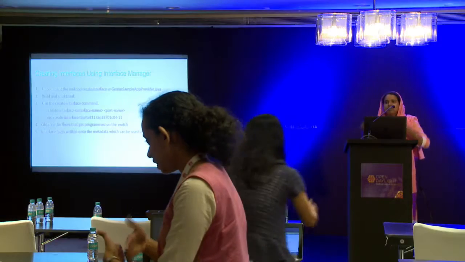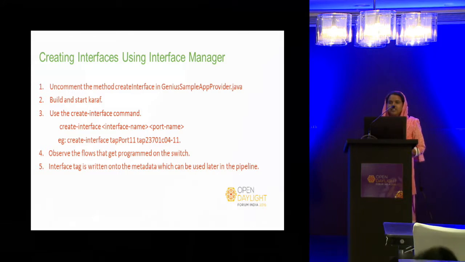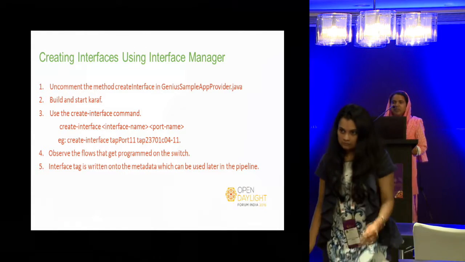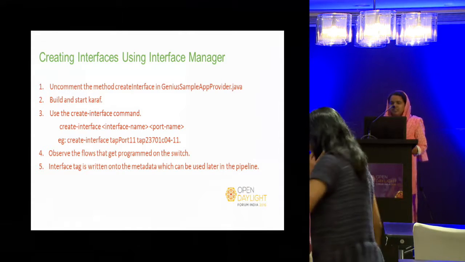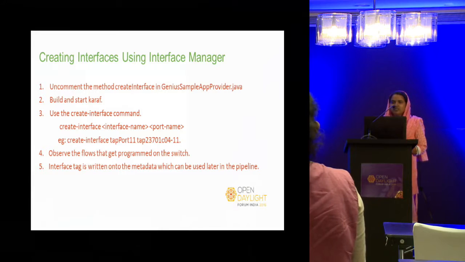In the Genius sample app provider, we have used the data store job coordinator utility. That is another utility provided by Genius. If you have multiple tasks that don't have any dependency between each other, you can execute them in parallel, and for that you can use this data store job coordinator.